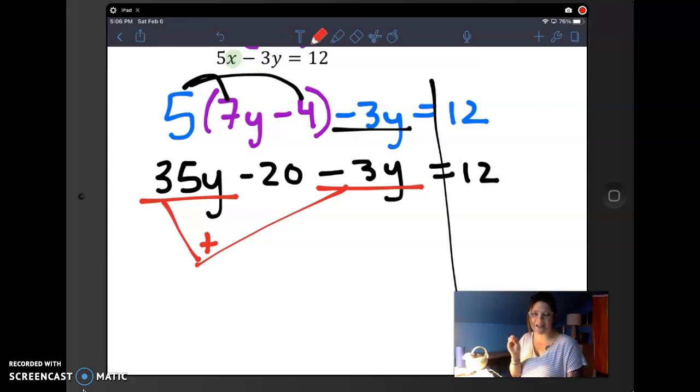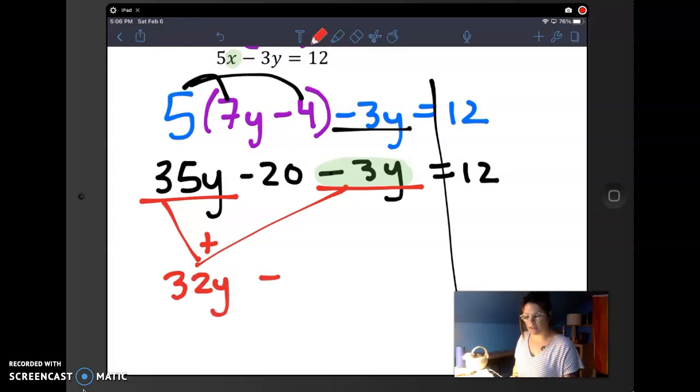And remember, combine means add. And we're going to combine 35y with negative 3y. Remember, whenever you have a symbol in front of a number, it belongs to that number. So it's not 3y, it's negative 3y. On your calculator, you would put in 35 plus negative 3, and you would get 32y.